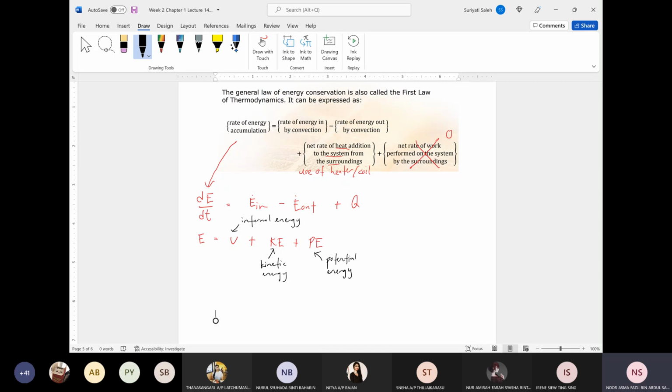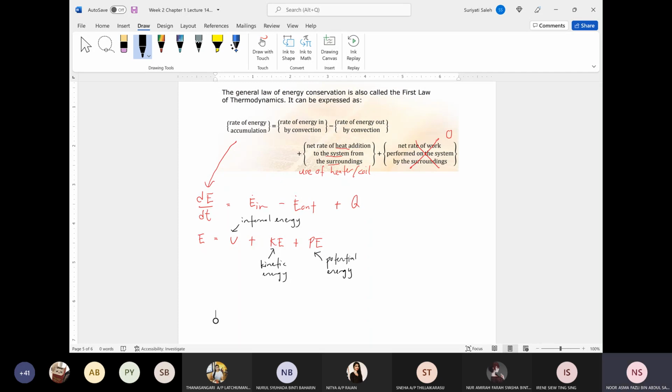If we recall, by the first law of thermodynamics, it says that energy cannot be created, cannot be generated. It can be transferred from one form to another form. So what is the form is based on the internal, kinetic, potential. However, in process control, normally we assume the unit operation is installed on the ground.